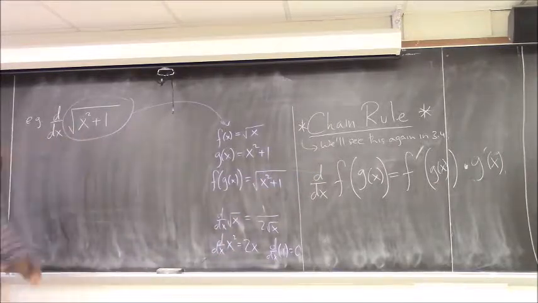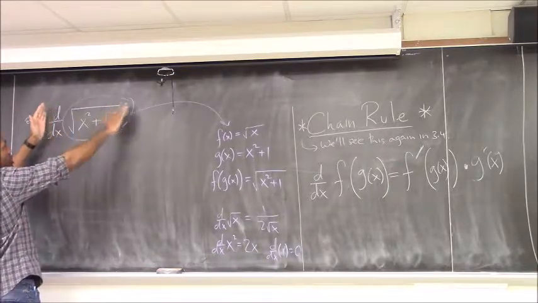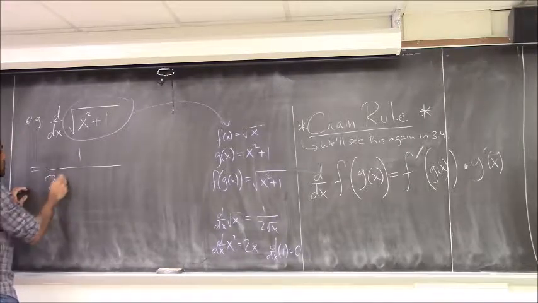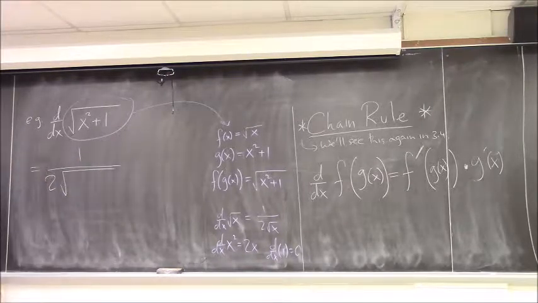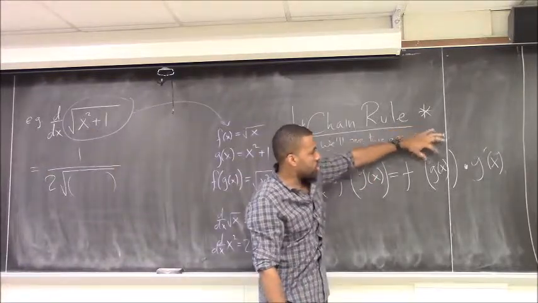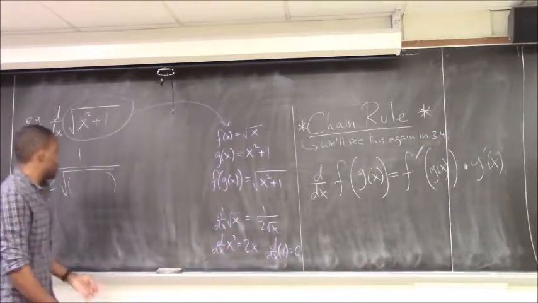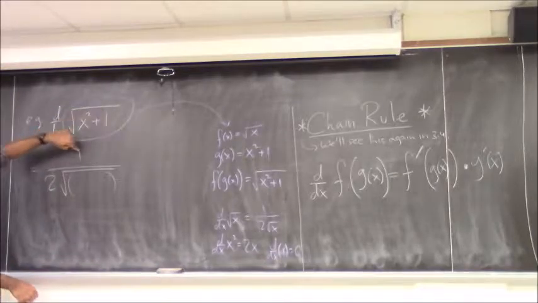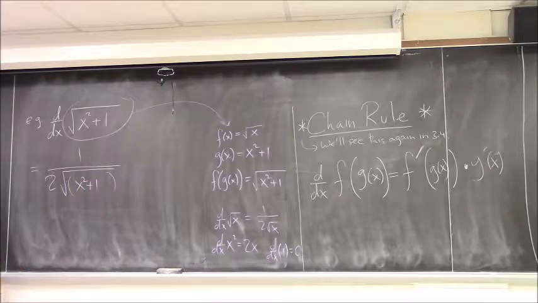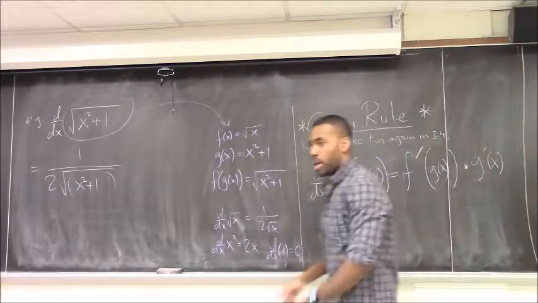And so what we can do here is to realize that there is an outside function of the radical, but we know how to deal with that. It's 1 over 2 times the radical. Now in the first part, it's the derivative of the outside, and you leave the inside function alone. So I know the derivative of radical x is 1 over 2 radical x, so the derivative of radical blah is 1 over 2 radical blah. Leave the blah alone in the first case. Then you multiply by the derivative of the blah, the inside.